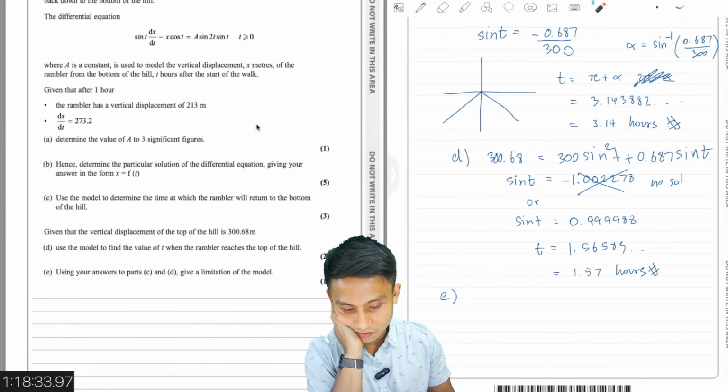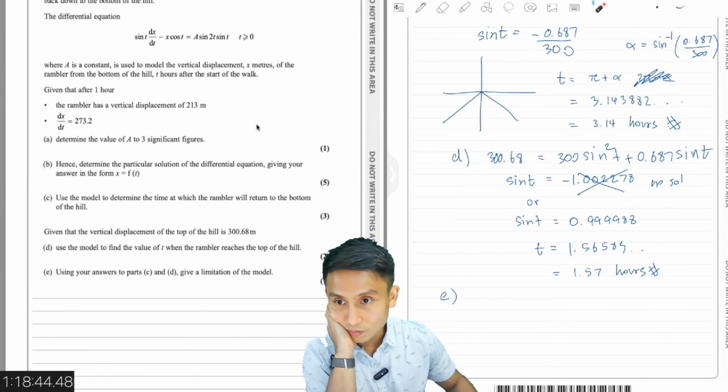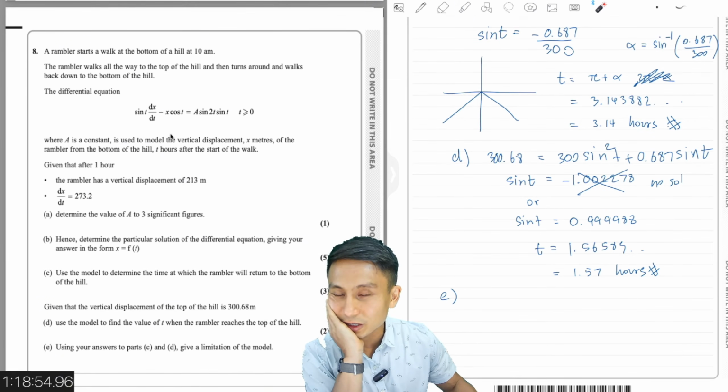Is a positive, so ooh, we could have this one and that one, right? Walk from the bottom and you reach the bottom again, how do you reach the top again? Hang on.